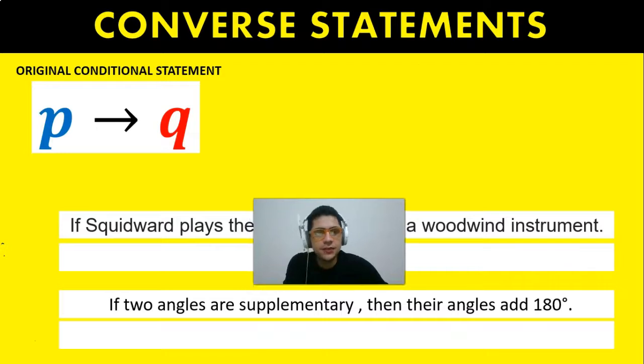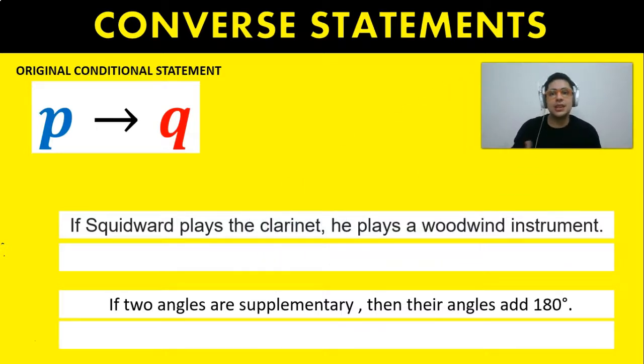So guys, the first thing we have to remember is how an original conditional statement is formed. We have P, which is the hypothesis, and we have Q, which is the conclusion.